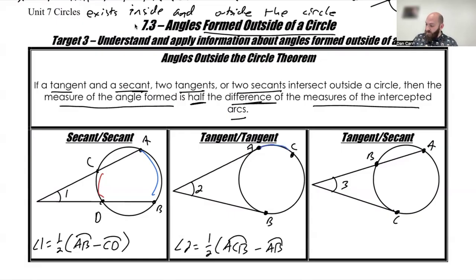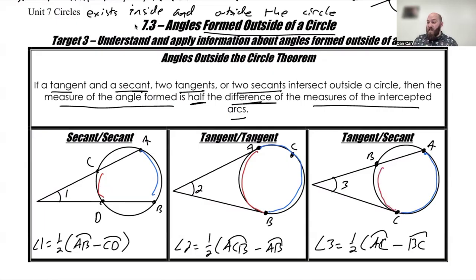And again, it is this arc minus this arc here. For the last one, angle 3 is going to be equal to 1/2 arc AC minus BC. So here's this arc and then minus this arc.